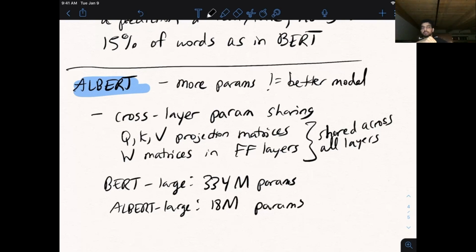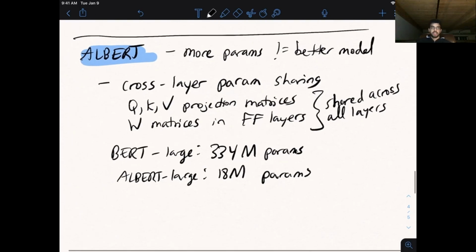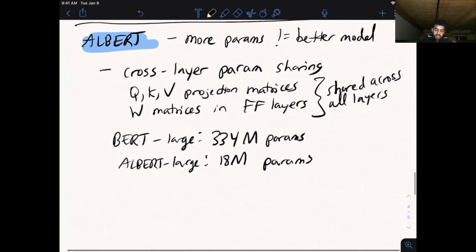Most of these 18 million parameters are likely in the token embeddings, right? So the word embeddings of the model. And the ALBERT paper also proposes a way to reduce the number of parameters contained in the embedding layer, but we won't discuss that here. So if you have 18 million parameters, that's great. And if you look in their paper, it shows that this model performs slightly worse than BERT, but it's still very impressive.